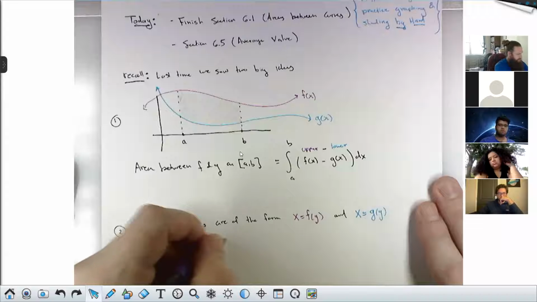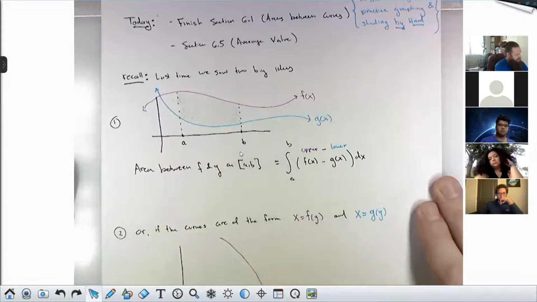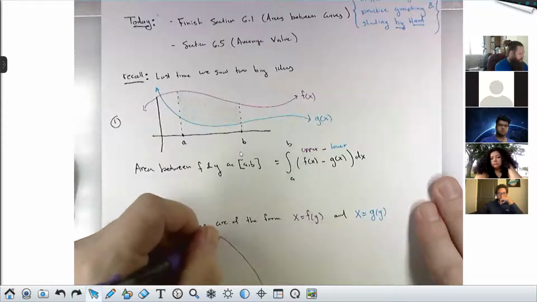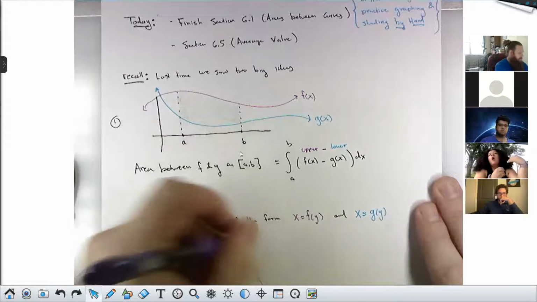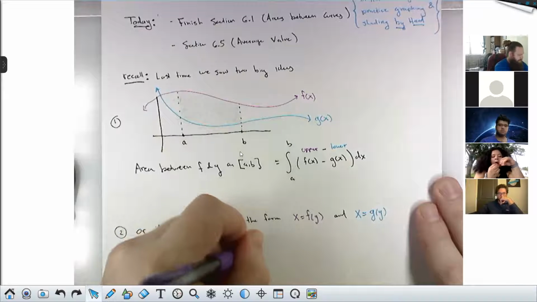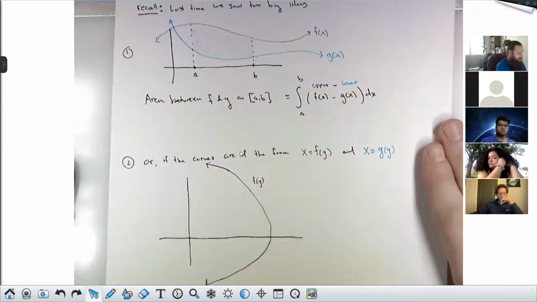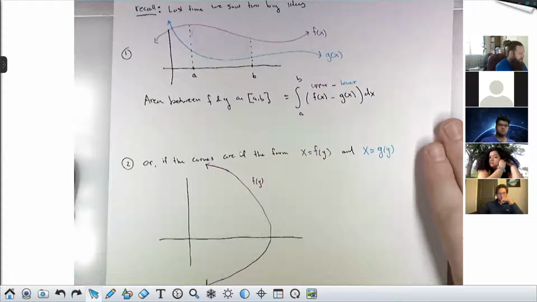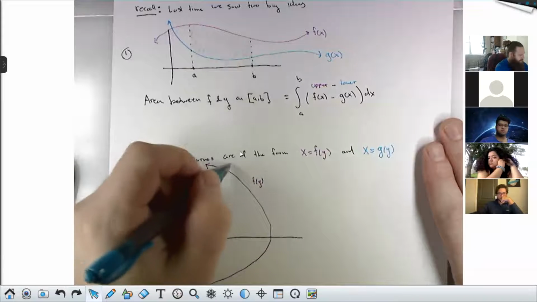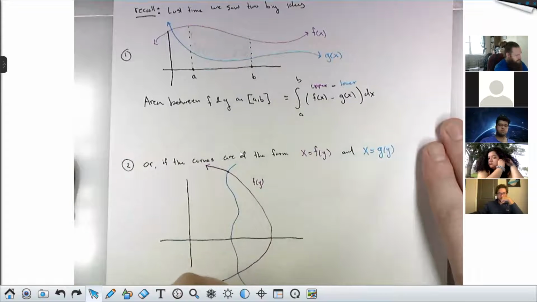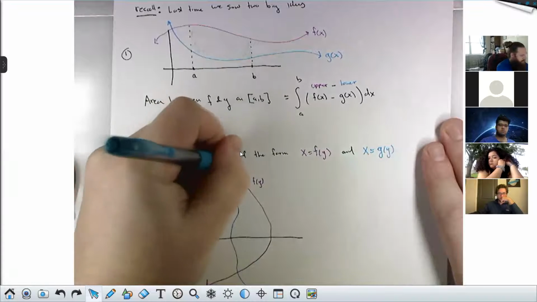F of y is something like this. Definitely not a function of x, but it is a function of y. And maybe your g of y is something like this.